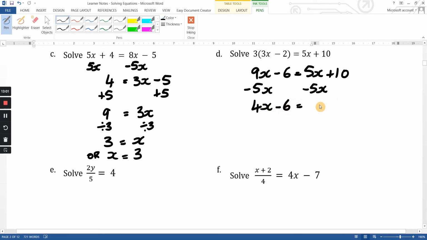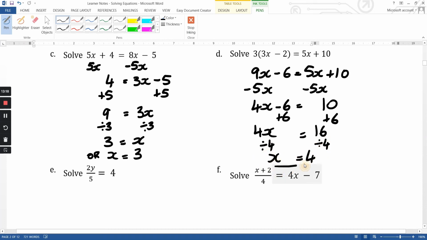I get that. Let's get rid of the minus 6, don't like that being there. And there's only one more step. x equal to 4. You're done.